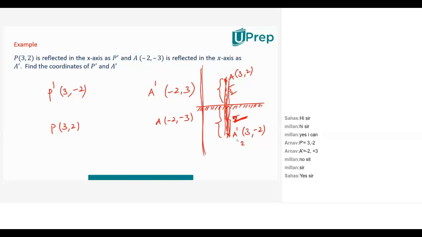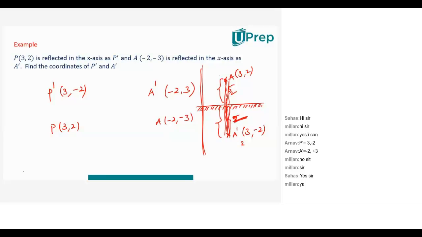So is the idea clear to all? Sahas, Milan, those who joined a little late in the middle of the discussion, how does the reflection work? Clear? Right.